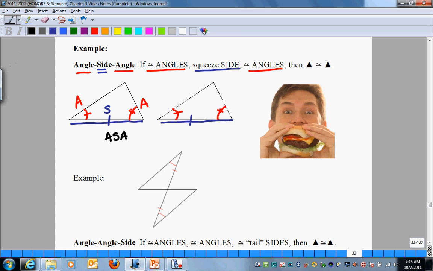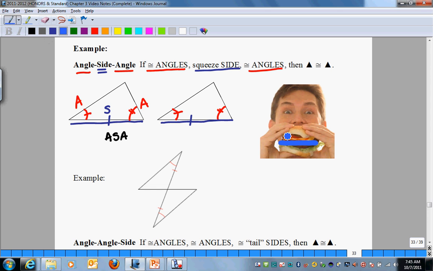An analogy that I like to use in class is, imagine that here's your side. I call it the hamburger. Here we have a side. So imagine here's a side.